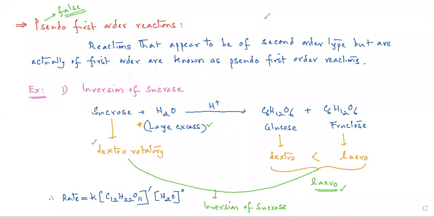So order with respect to sucrose is 1 and that with respect to water is 0. Overall, it is 1 plus 0, nothing but 1. You have taken two reactants, sucrose as well as water.